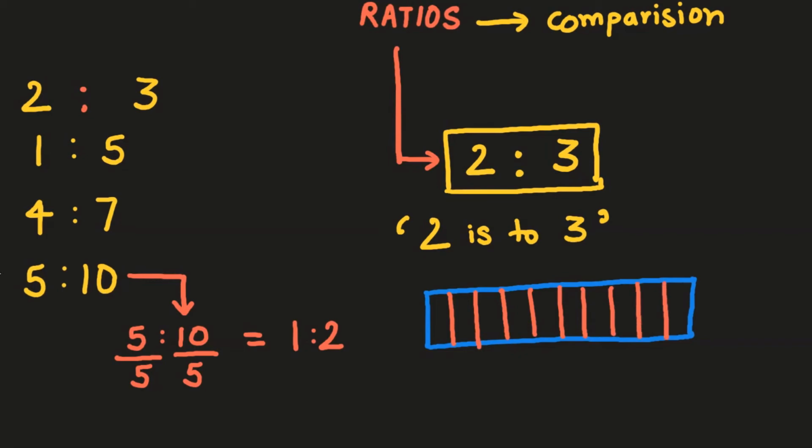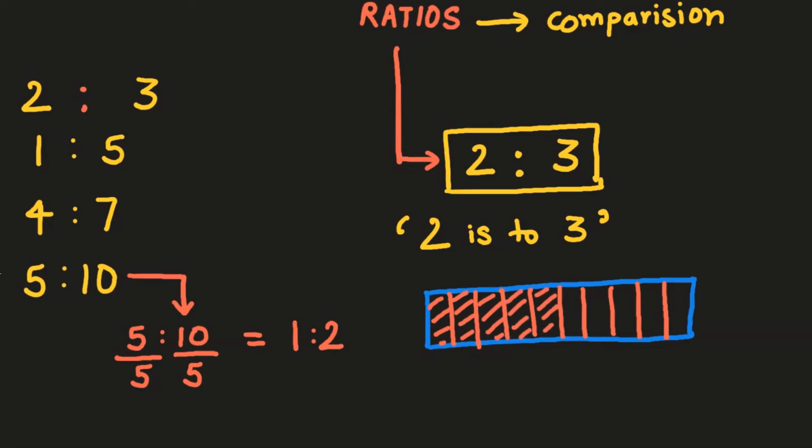So I have divided it into 10 equal parts. Now if I shade 5 parts out of the 10 parts, here I am using the concept of fractions, parts of a whole.